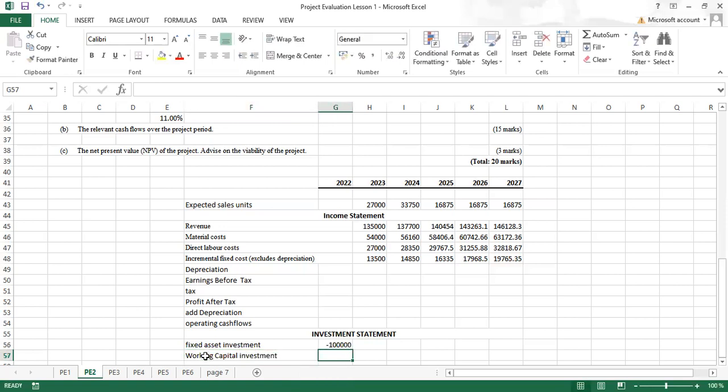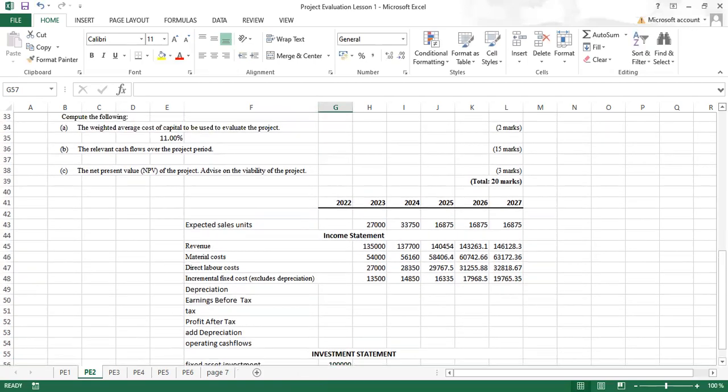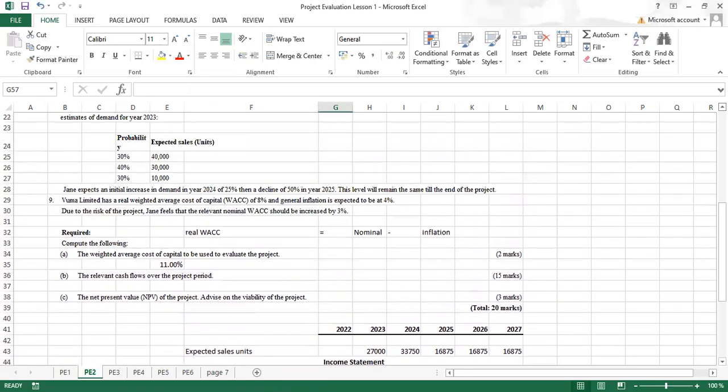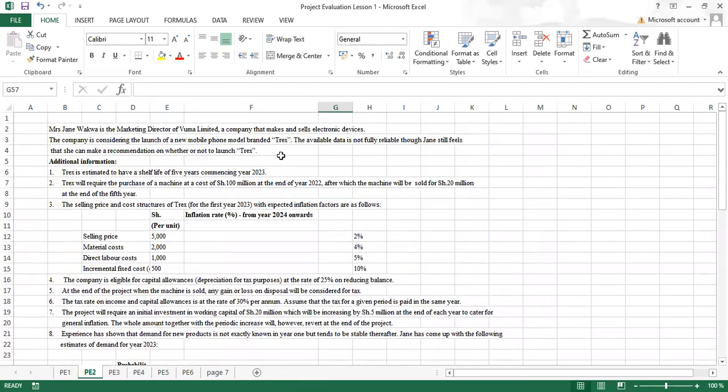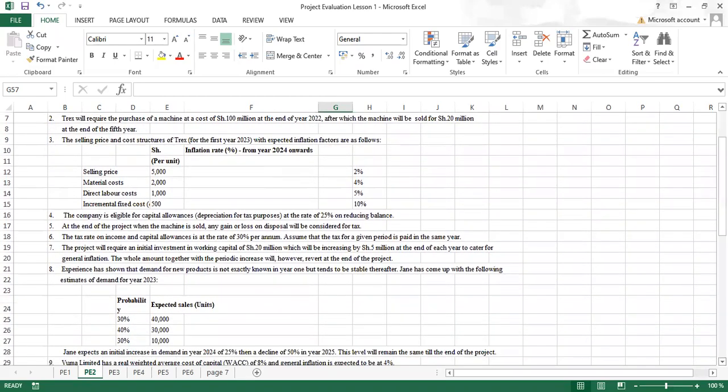The working capital, we are investing how much, 20 million? Yes, the working capital investment of 20 million, which will be increasing by 5 million at the end of each year.